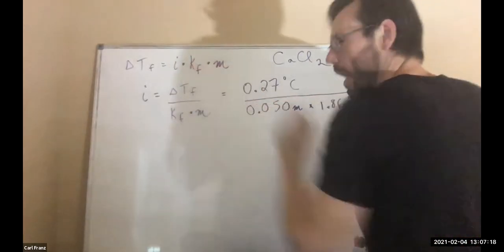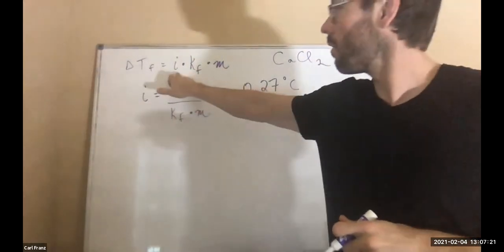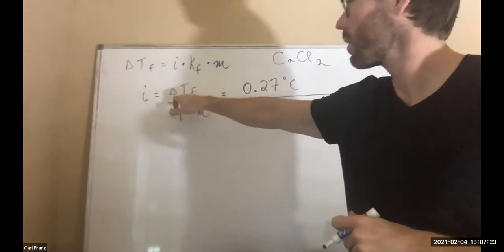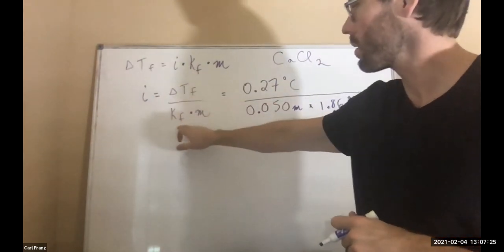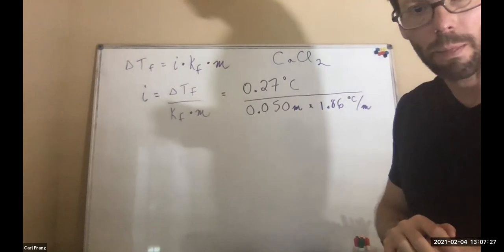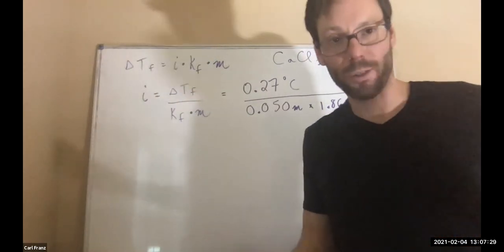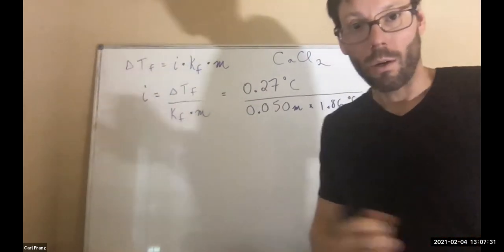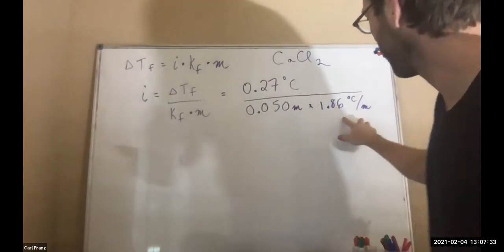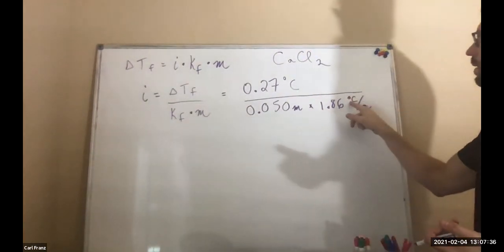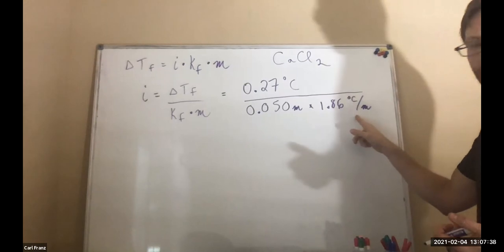We were looking for I. So we can get I by itself by just rearranging these and saying I is equal to the change in temperature over constant times molality. Now it didn't give you the constant in here, so you have to look it up, or I'll just tell you that it's 1.86 Celsius over molality.